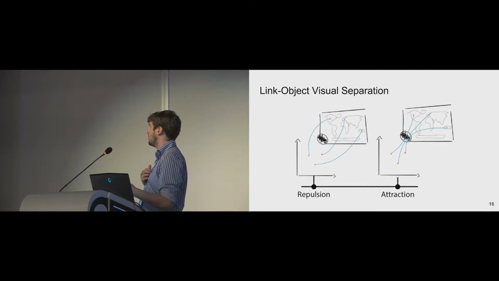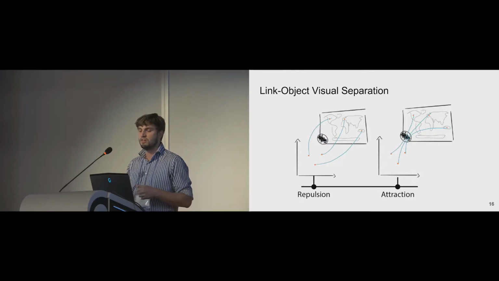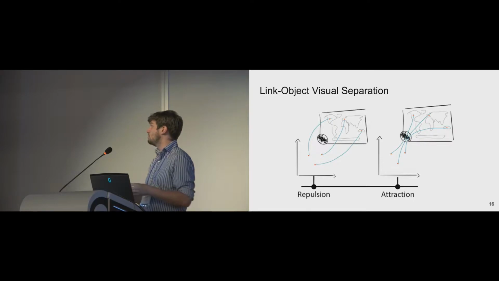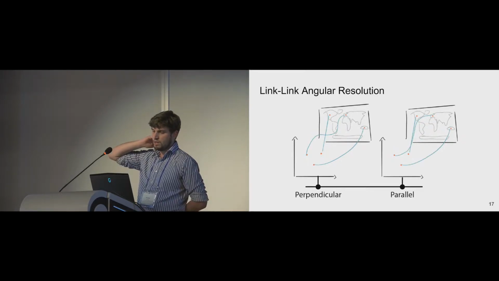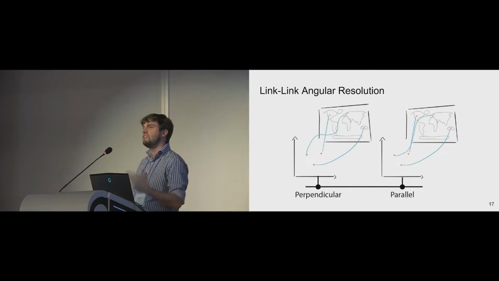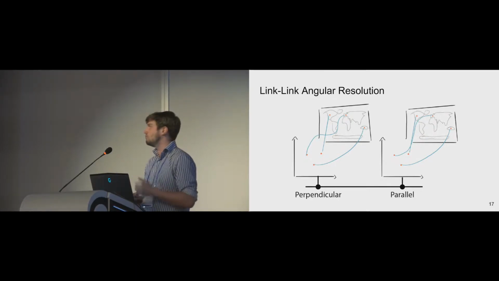Similarly, you can have the same concept between objects and links. Maybe you want your links to actually avoid virtual or physical objects in your scene, or you may want to use objects to actually constrain the trajectory of your links, and so you're going to have the objects attract your links. The angular resolution is basically how links cross. Do you want a clean perpendicular crossing between your links? In that case, it's going to be easier to follow one link again, or you may want parallel crossing.